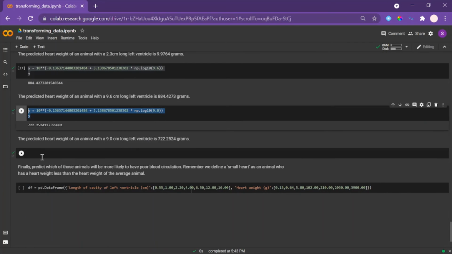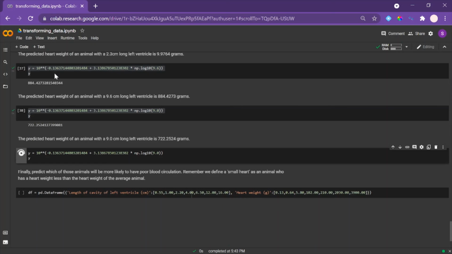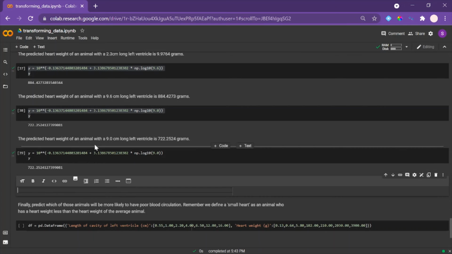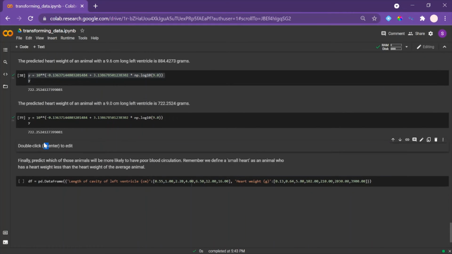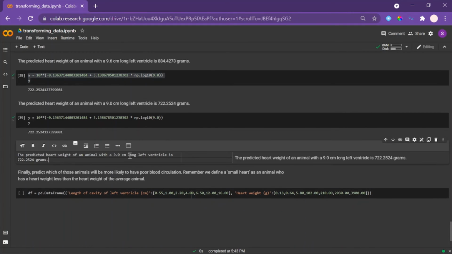So the predicted heart rate of an animal with a 1.2 centimeter long left ventricle is... did I write this wrong? 1.2, I did that wrong. Okay.